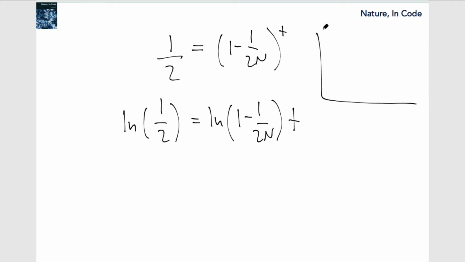If you have a number that's very close to 1, and close to 1 here would be x, so 1 plus x, then it turns out that the natural logarithm of that is approximately x.